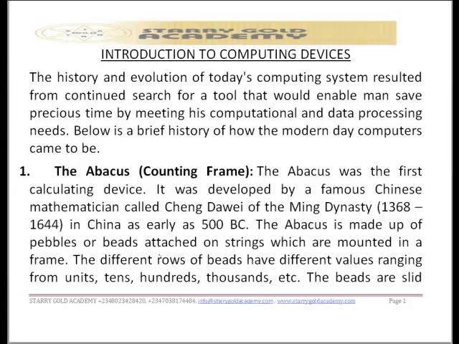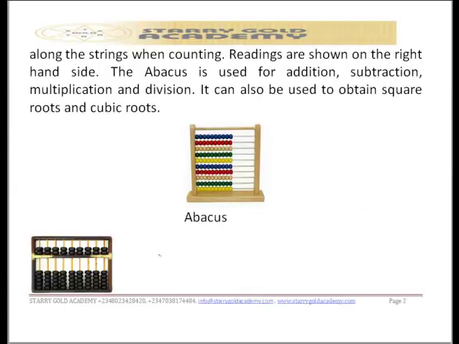The abacus is made up of pebbles or beads attached on strings, which are mounted in a frame. The different rows of beads have different values ranging from units, tenths, hundreds, thousands, etc. The beads are slid along the strings when counting.